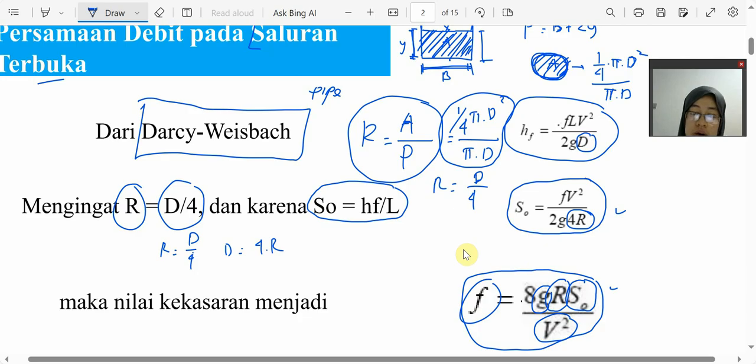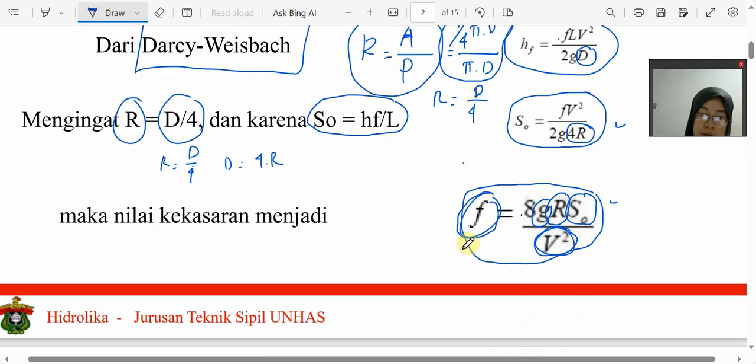So this is the open channel characteristics, okay? And also the slope of the channels, and the gravity, and also the friction factor, okay? So that's why in this lecture we will consider the friction factor in the velocity calculations, okay?